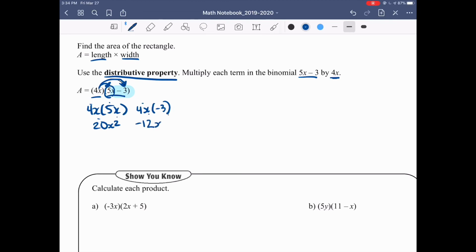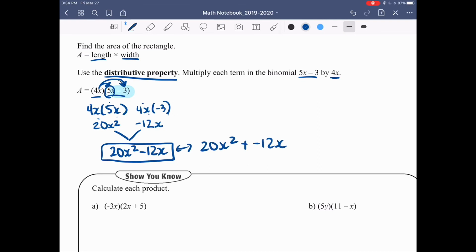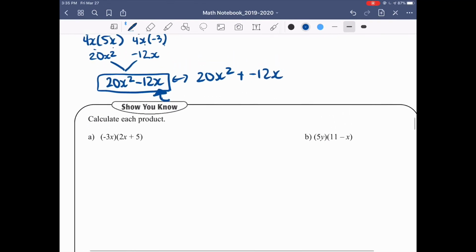X times nothing is just x. So our final answer is just a combination of these two. So 20x squared minus 12x. And another way you can write it is 20x squared plus negative 12x. These mean the exact same thing. But this is the more simplified version of it. Okay? So that's how you do distributive property.